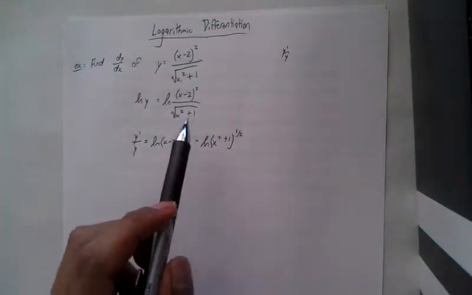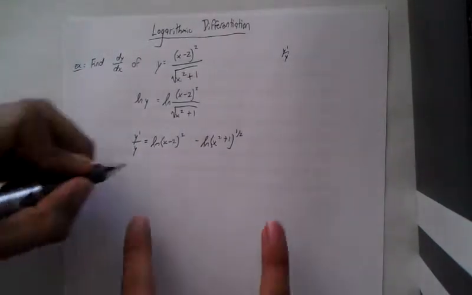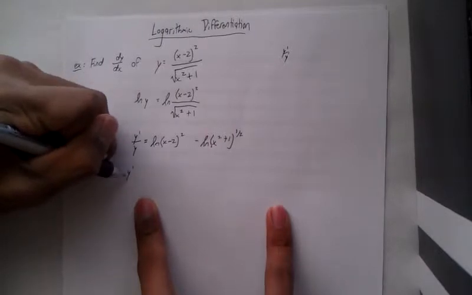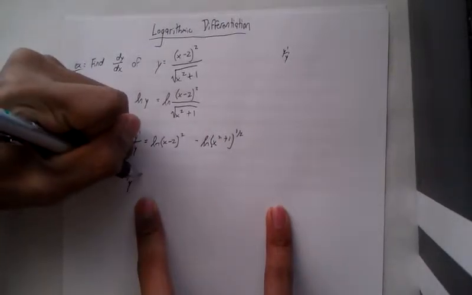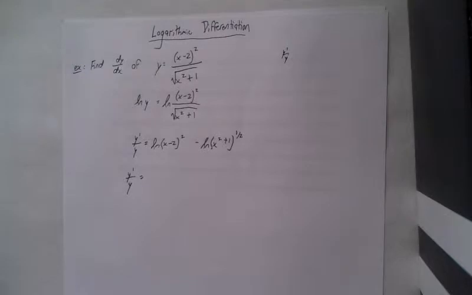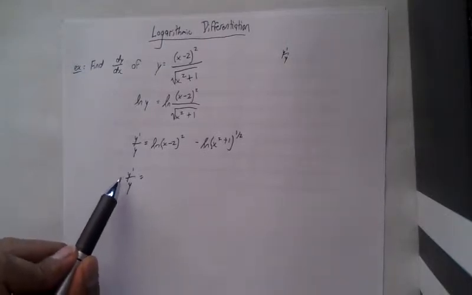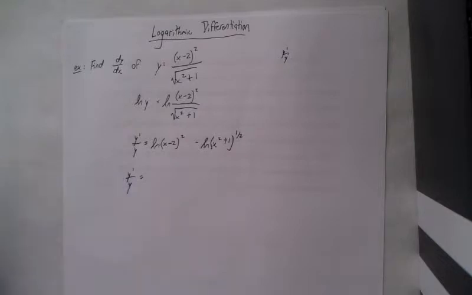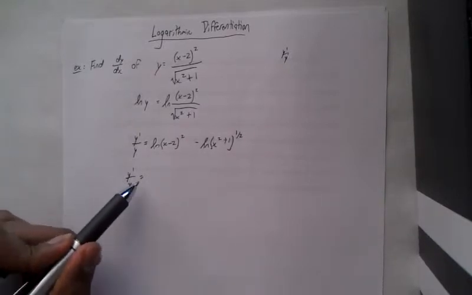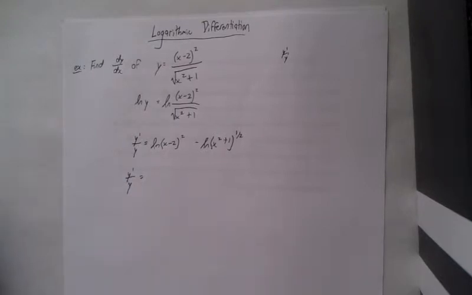That's the same thing as the square root. Bring down our y prime over y. Essentially what we're going to be doing is solving for y prime. So we're going to have y prime equals and then some sort of function with just x's in it.